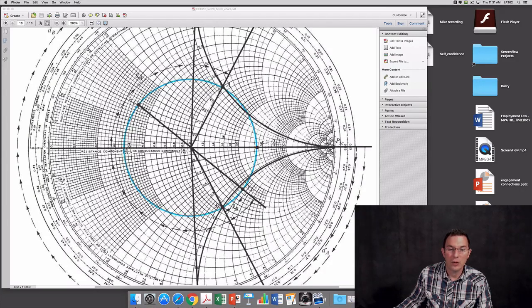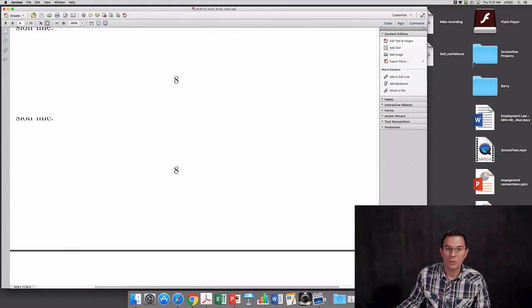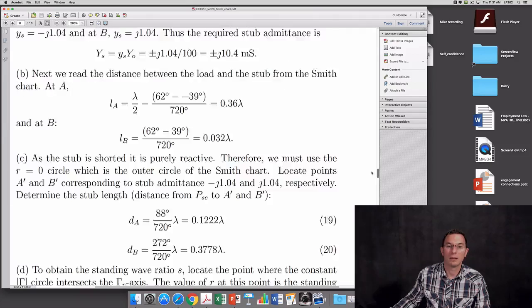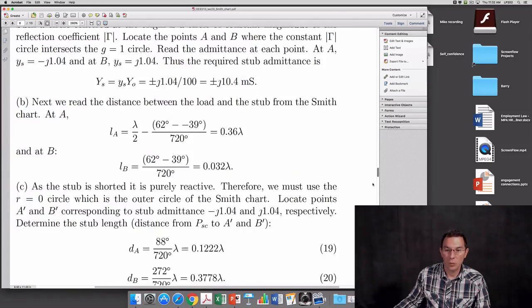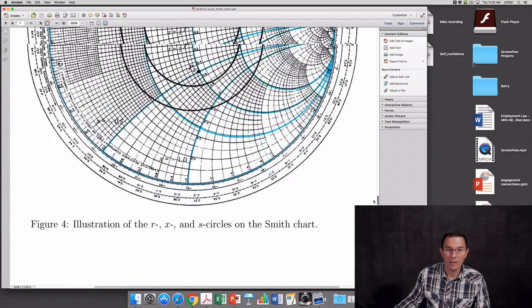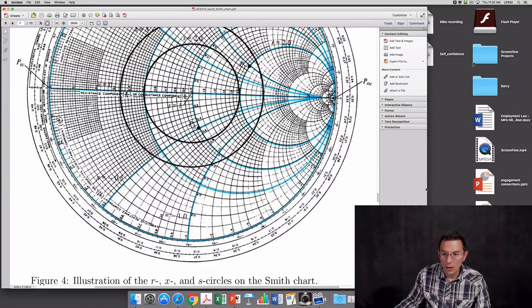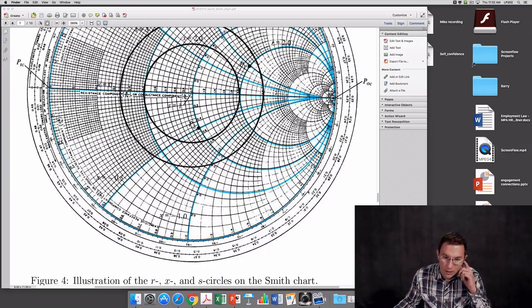So you know that your load is on that circle somewhere. Then you look at the reactive part, which is negative in this case, minus 1.2.